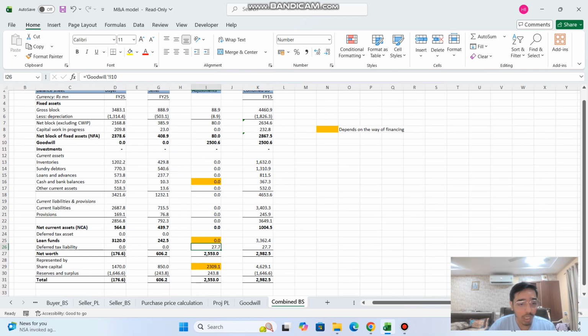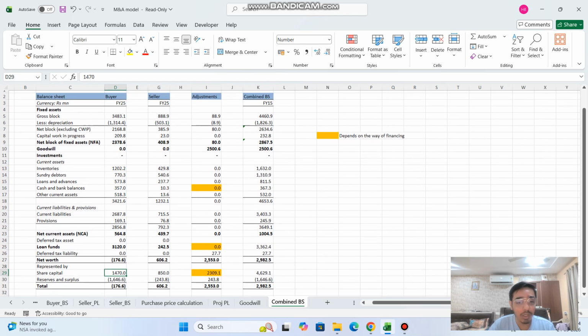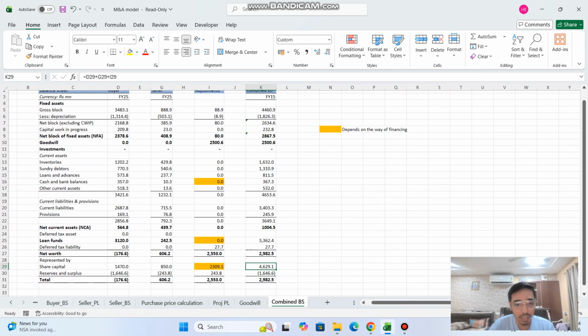Coming next to the equity. If you see over here, 2309.1 plus 850, the total comes to 3159.1, which is what will be added to the share capital of the buyer entity to arrive at the final share capital of the combined entity.